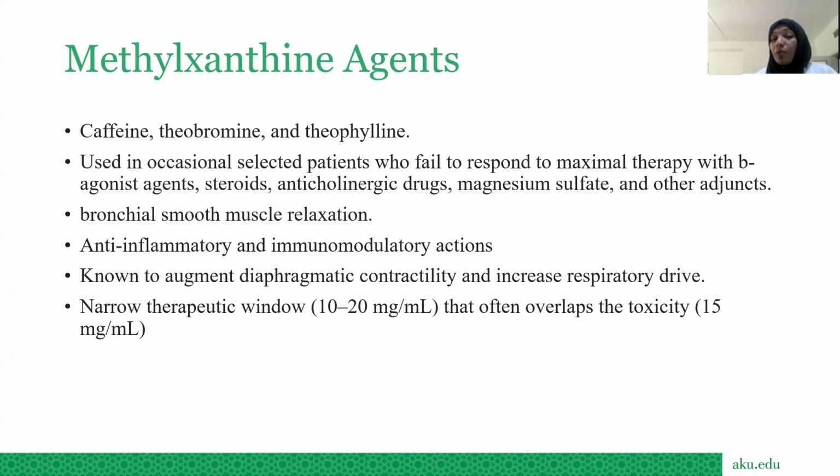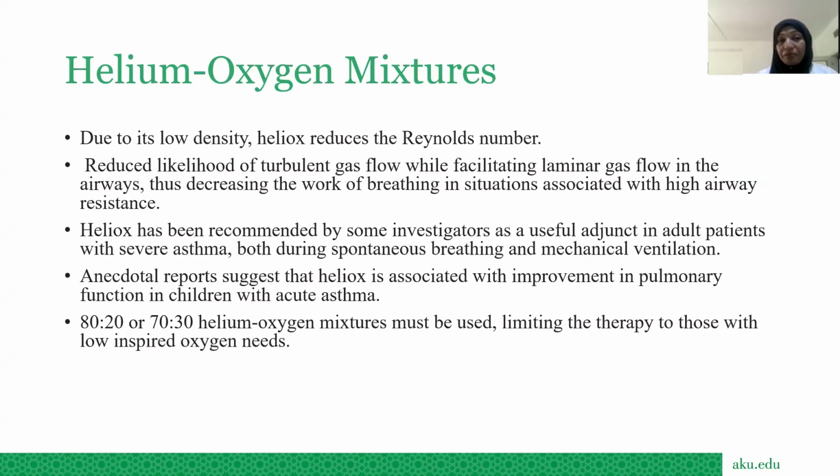It is also known to augment diaphragmatic contractility and increase the respiratory drive. But the problem with this drug is that it has a very narrow therapeutic index, so you have to monitor the drug levels of xanthine while using it. The therapeutic window is 10 to 20 milligram per ml, but it usually overlaps with toxicity, which usually occurs at more than 15 milligram per ml.